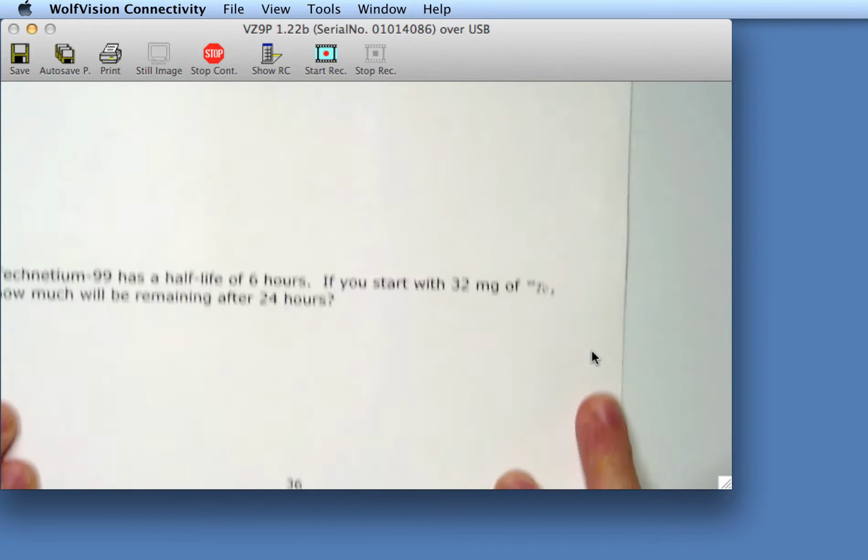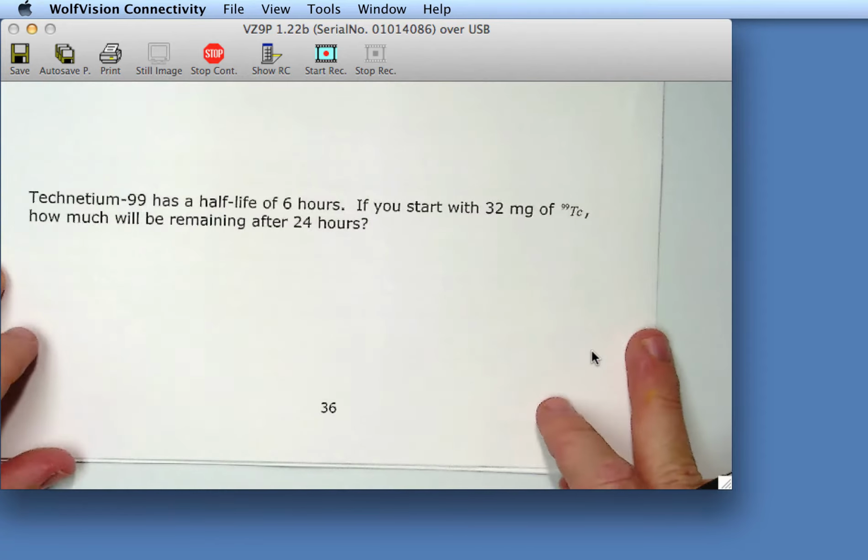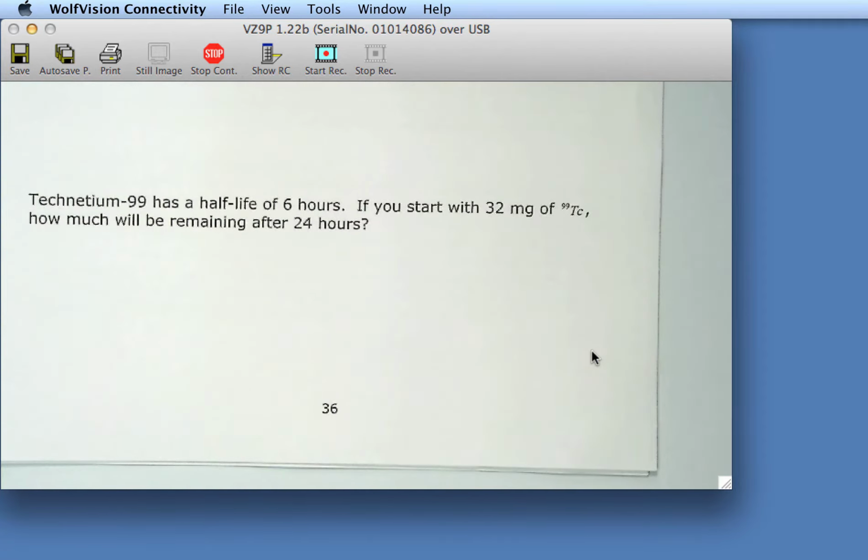So let's move on to technetium 99. It has a half-life of 6 hours. If you start off with 32 milligrams, how much will be remaining after 24 hours?